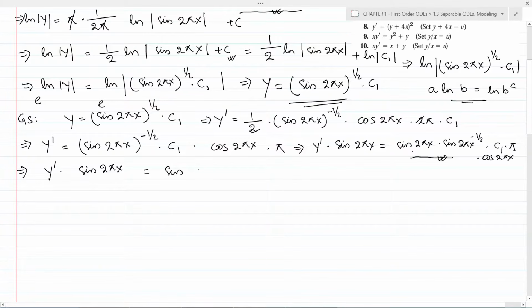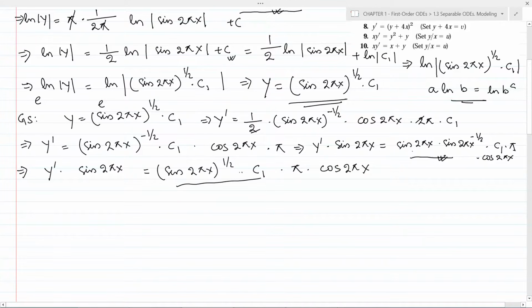So we write sin 2 pi x to the power half multiplied by c1 multiplied by pi multiplied by cos 2 pi x.